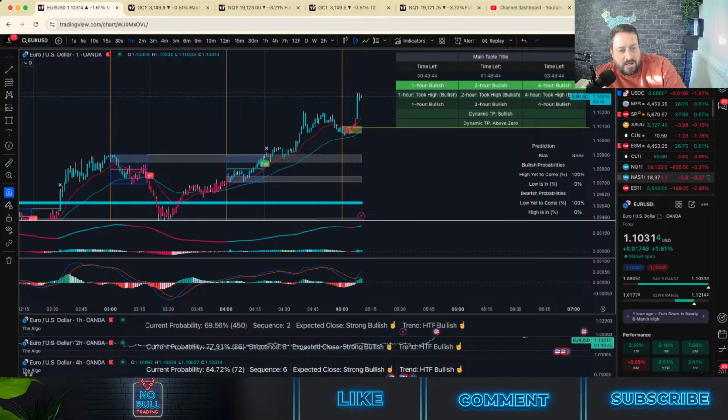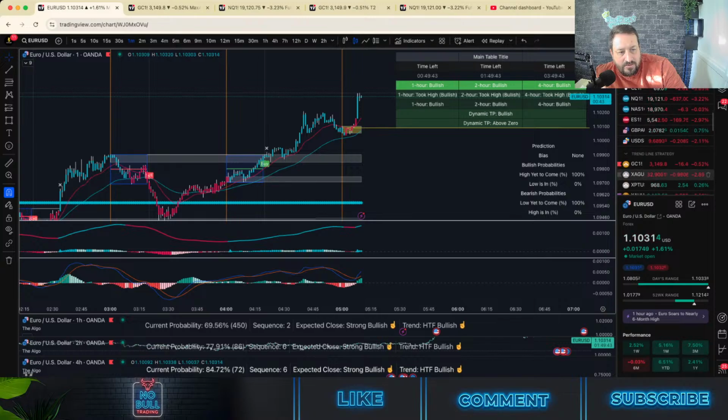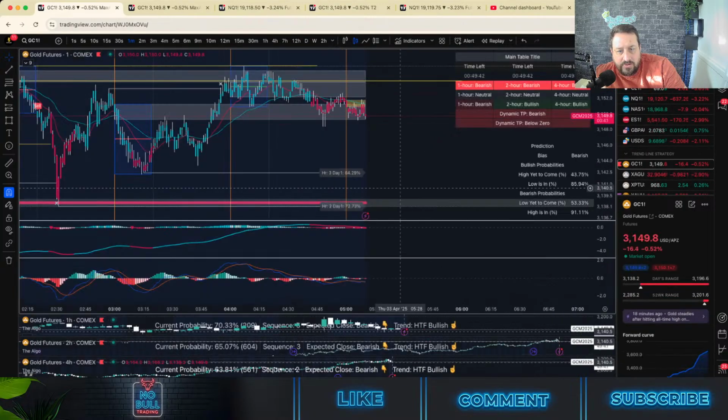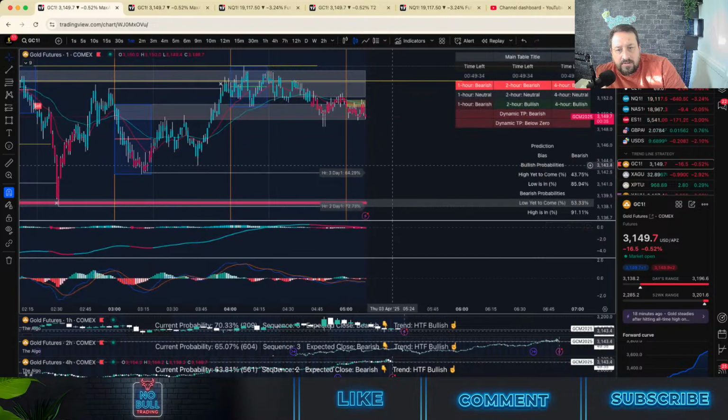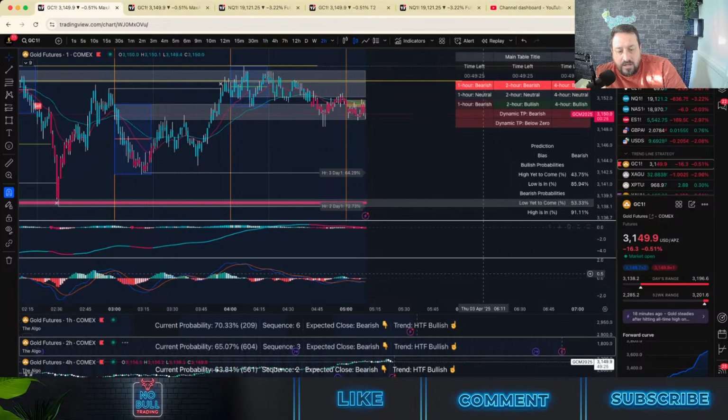Can be hard sometimes to get in on those sort of days, because it just keeps tricking away. So here we come under the 0 line. If we're going to go bearish, you just want to see that go now. Not hang around like it is. It's a bit slow.